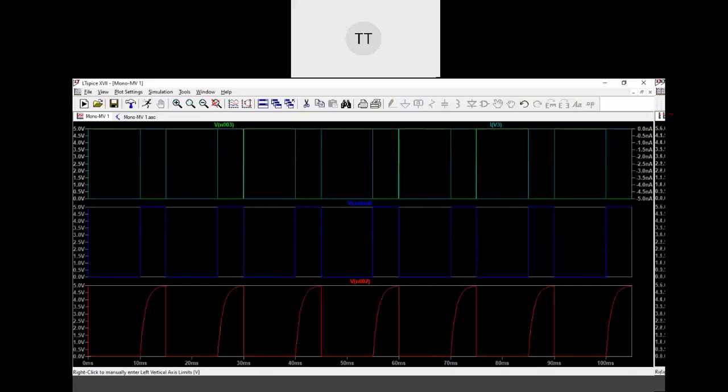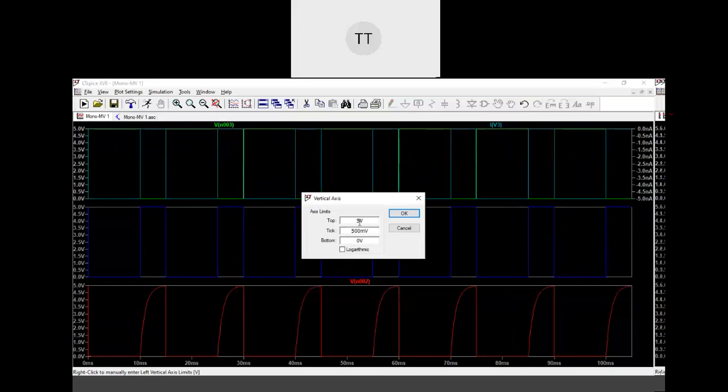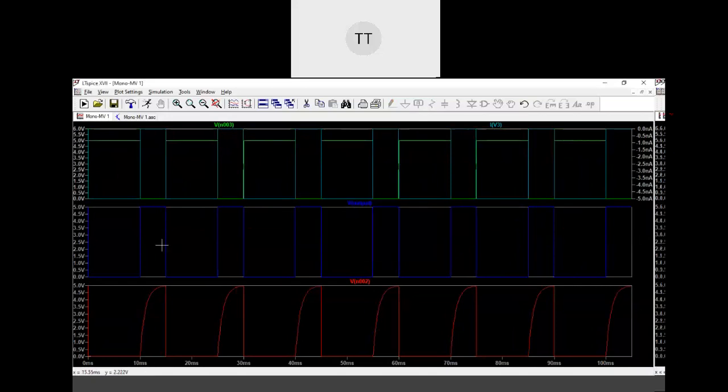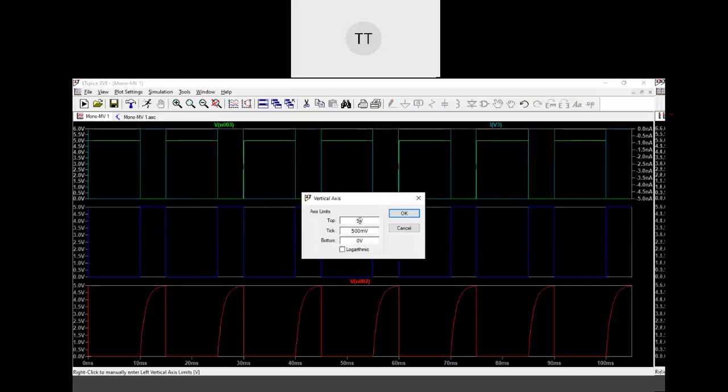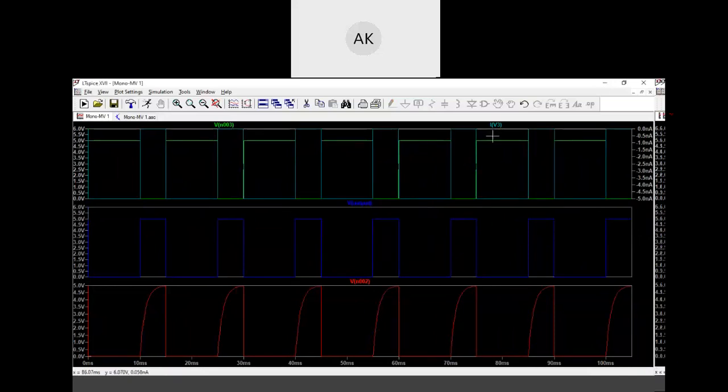Just let me change these amplitudes. Let me make this one equal to 6, and this one also equal to 6, and let me remove this function.